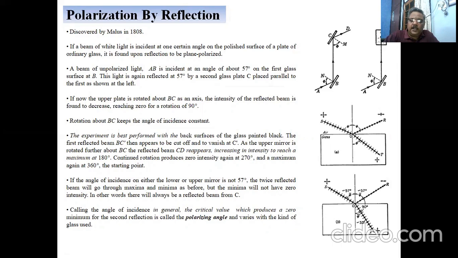It will have a variation between a maxima and a minima. So the angle at which we get complete extinction of light, that means the light coming out here is totally polarized, that angle is called the polarizing angle or the critical angle.